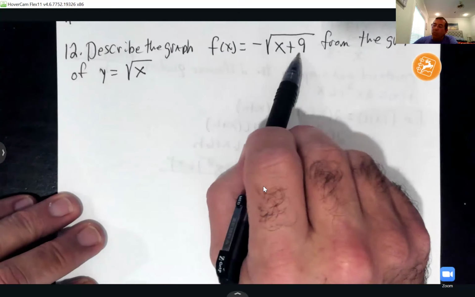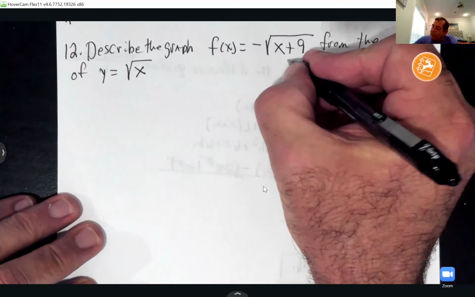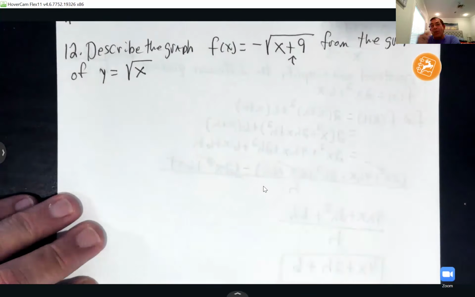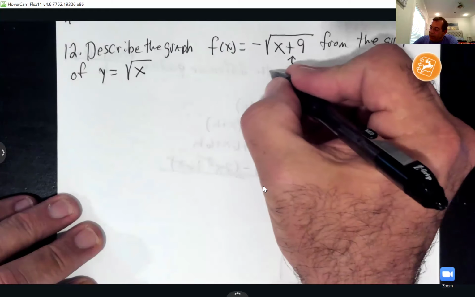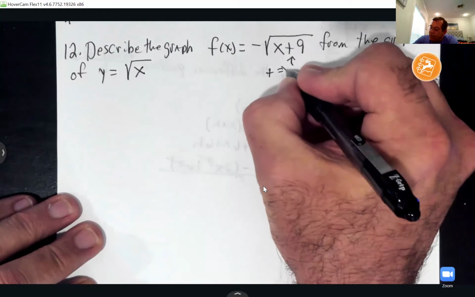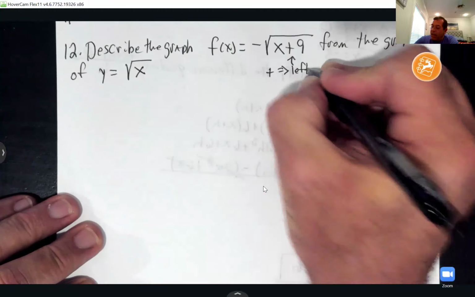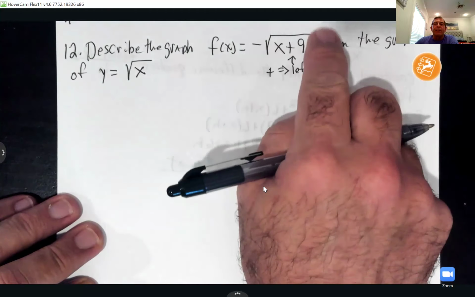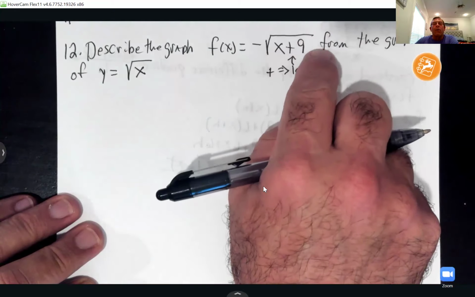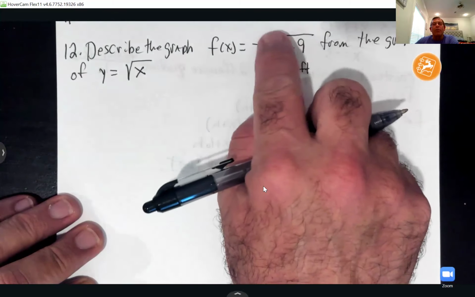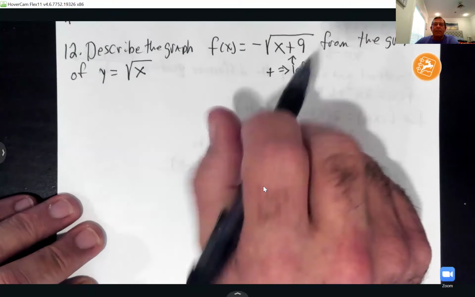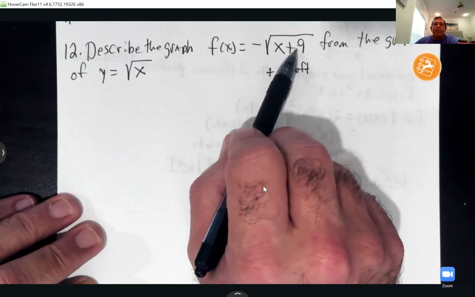So the first thing we'll start with, what's that 9 doing? Well, that 9's either going left or right. Since that's positive, this one's going to go left. Remember, the parentheses are there when it's under a radical. We treat this like it's in parentheses. So that's going to make me go left since that's positive.